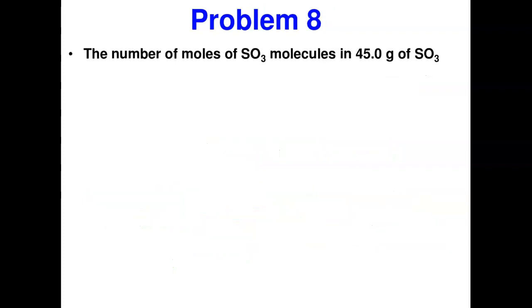In the next problem too, the same thing. Remember, we're trying to solve problems using those relationships I gave for sulfur trioxide in the previous relationships, because this is a good example to use. It says the number of moles of sulfur trioxide molecules in 45 grams. Again, look at what is given. We want to go from grams of sulfur trioxide. We're going from grams to what?